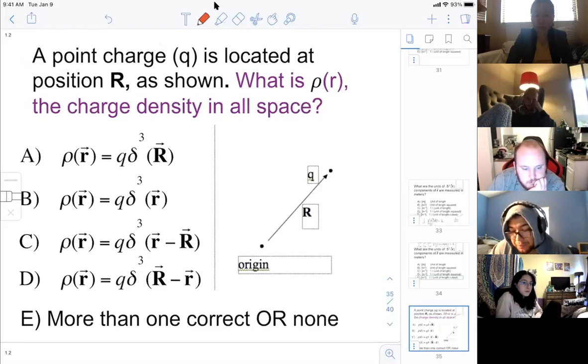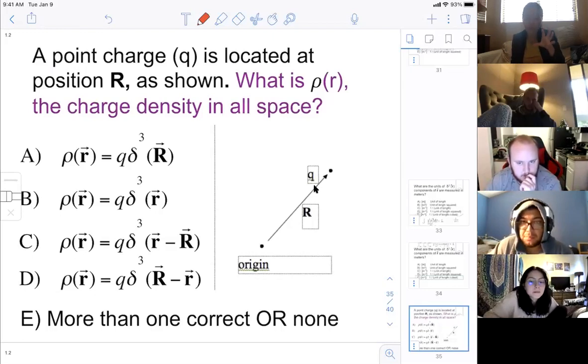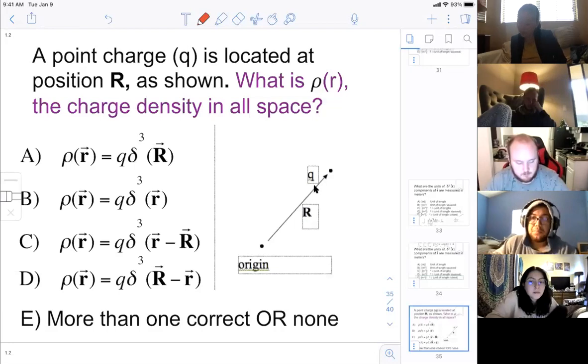I'll give you maybe a minute or a minute and a half in your breakout rooms, okay? So 1 second. If you need to take a screenshot, you can take a screenshot of that before you go to the breakout rooms.